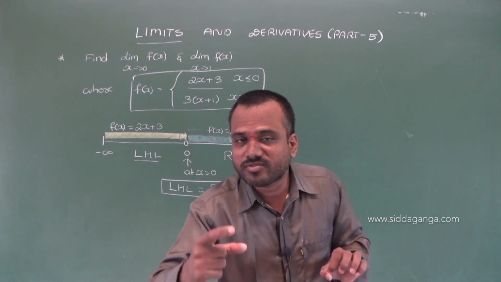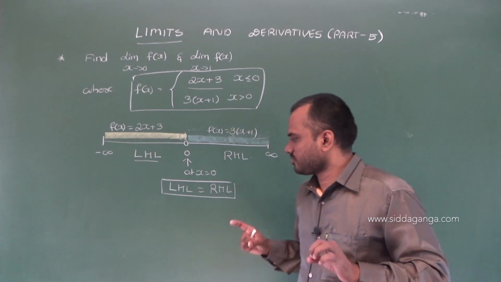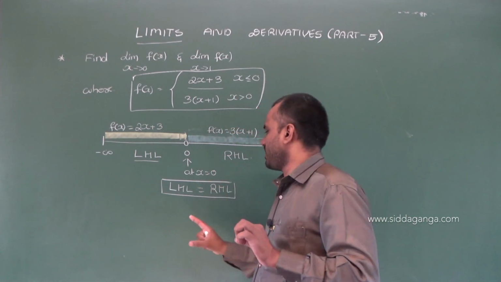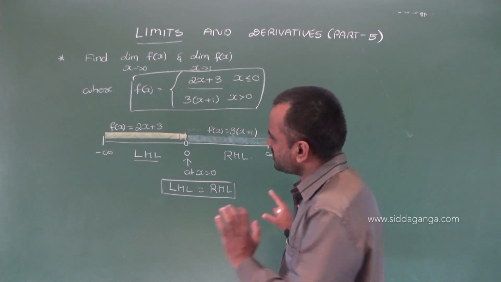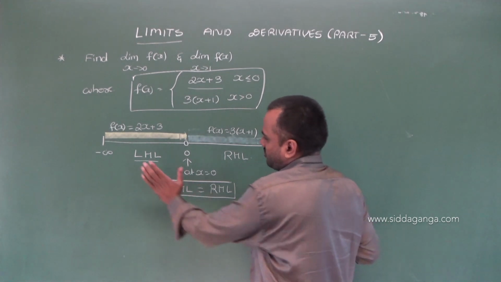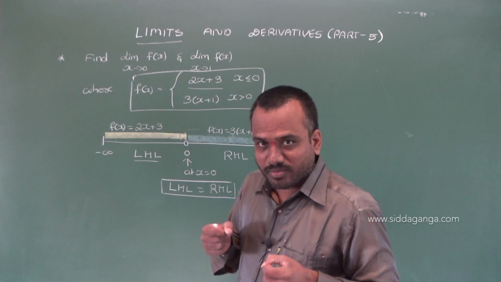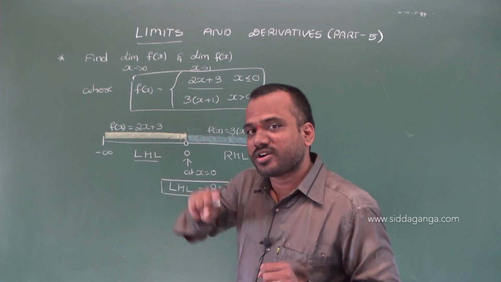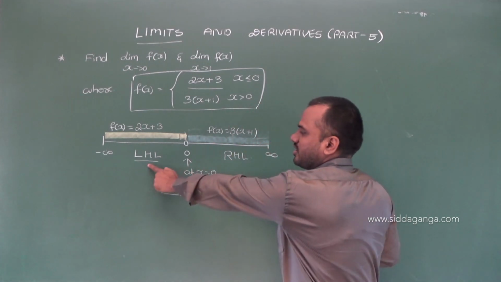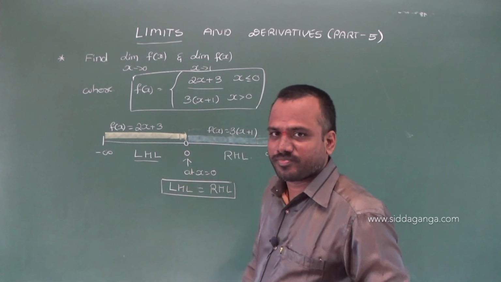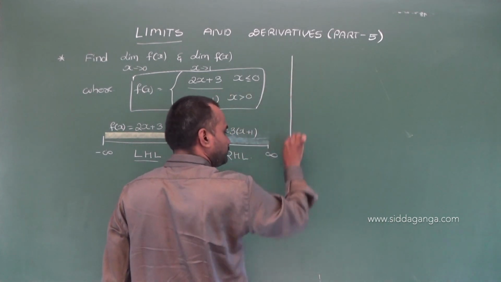The limit of the given function exists at a particular domain only when the left hand limit is equal to what? The right hand limit. In the beginning I said we discuss today different types of problems, meaning different concepts. This is the concept: left hand limit as well as right hand limit.